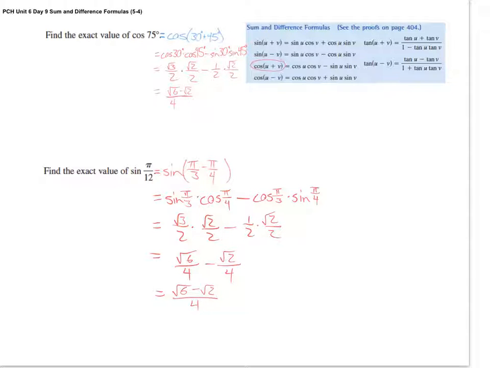It's 15. It's not the reference angle, it's how much it takes to get to 90, so they are complementary. What identity did we just show?